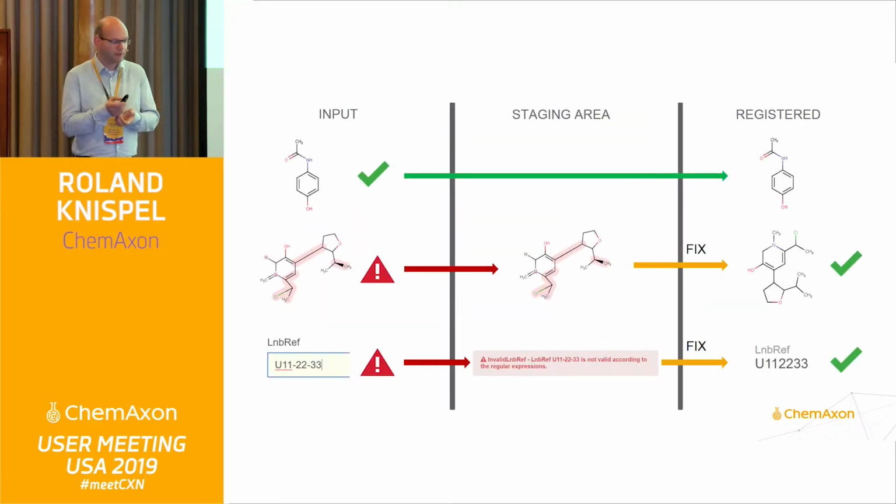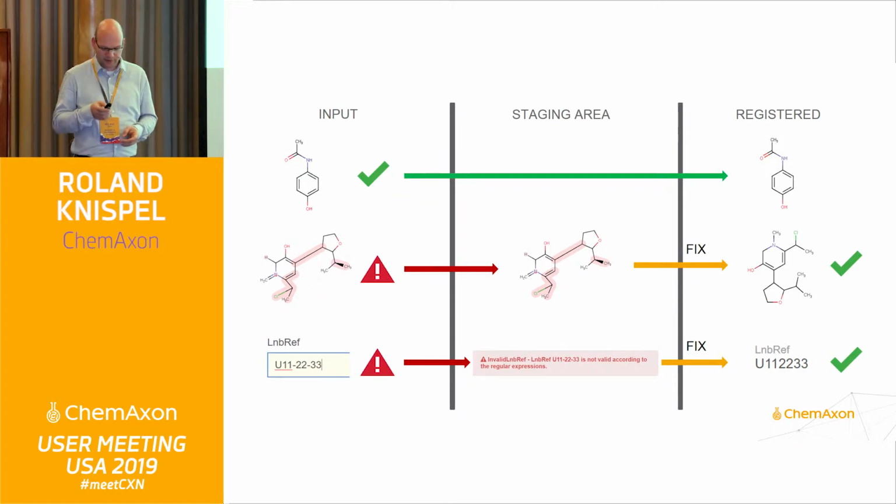What I'm going to describe here is essentially a bare-bones process of how registration can work. Generally, you have submissions. These might be chemical structures that you see on the left-hand side. In case there is no particular issue with these compounds, it can be a straight-through process for automatic registration, then everything's fine.